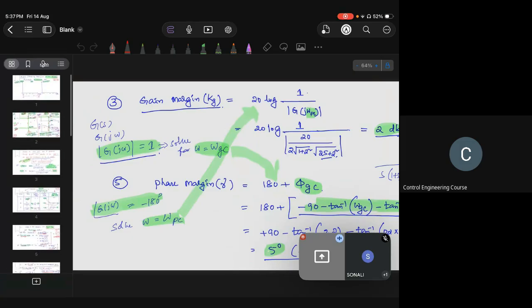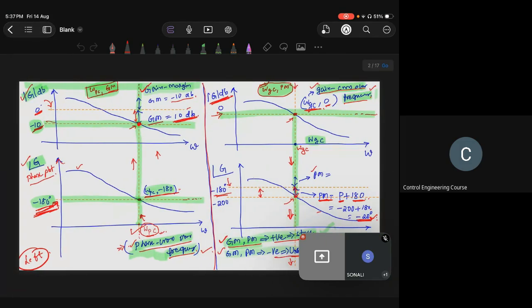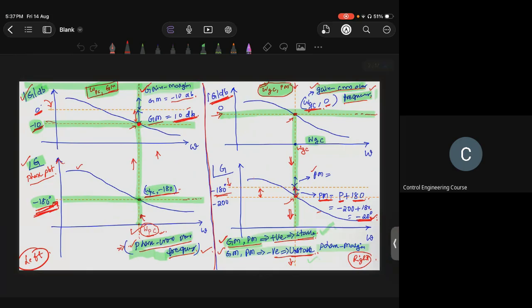Let me repeat once again what exactly these are so we get some idea. The curve may look a little confusing, but I'll try to make it simple.